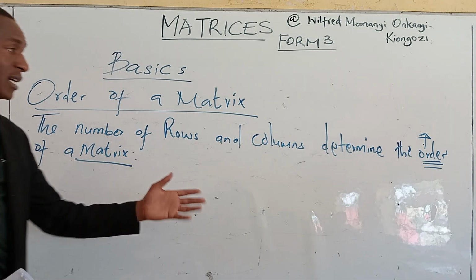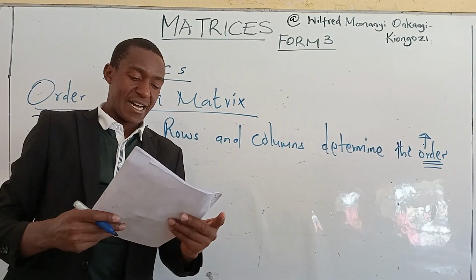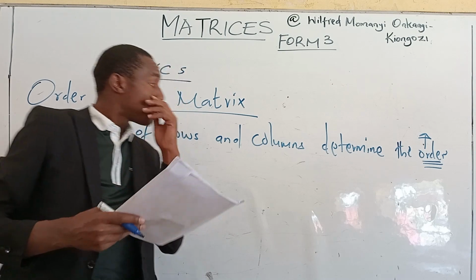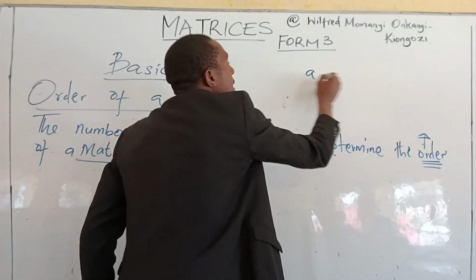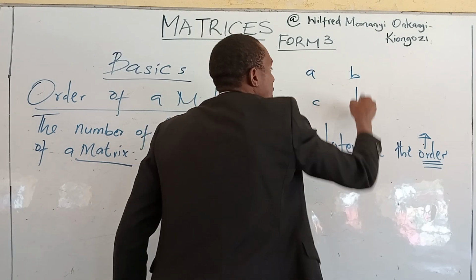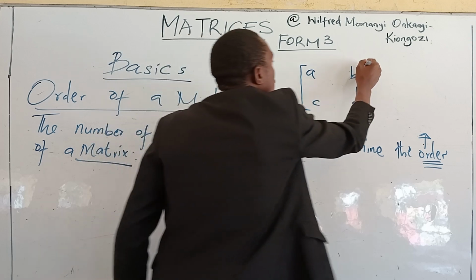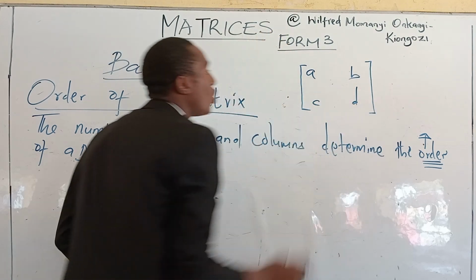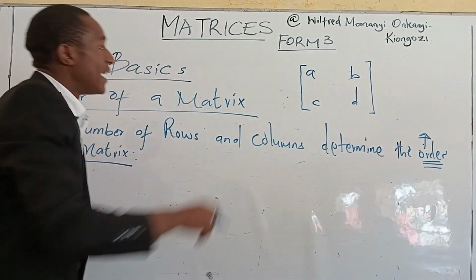We have several types of orders, and I will give examples later on. But I gave you an example of a matrix whereby I used letters A, B, C, and D, and I used the round bracket. Allow me to use a square bracket now, and then tell you what A, B, C, and D mean.